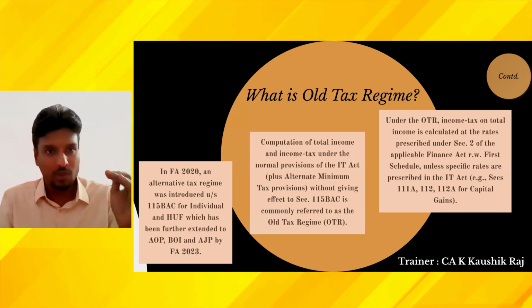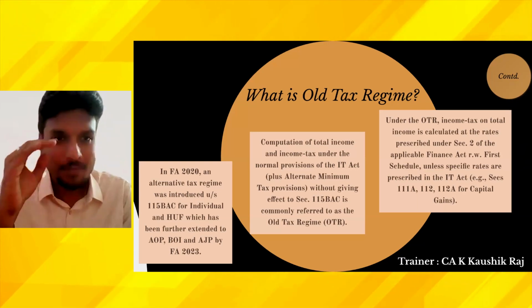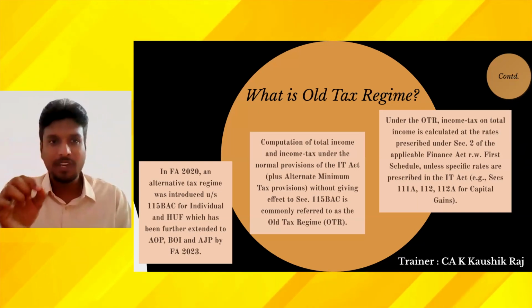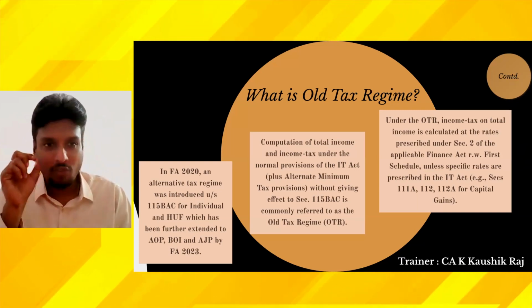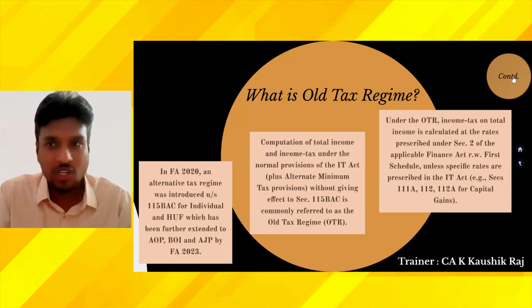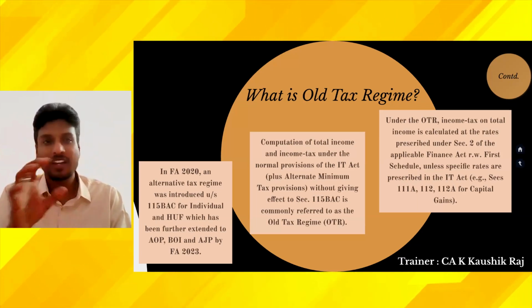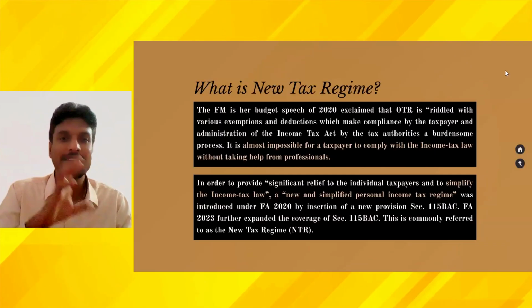What was introduced was the new tax regime, and without following the conditions mentioned in the new tax regime, whatever is being followed is considered the old tax regime, following the rates mentioned under the erstwhile provisions like Section 2 and the Finance Act first schedule.